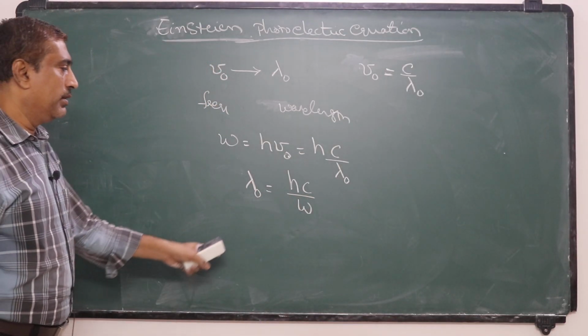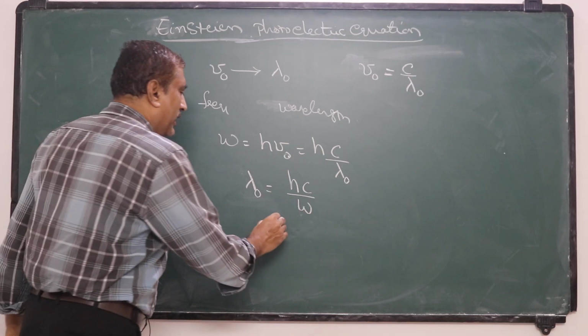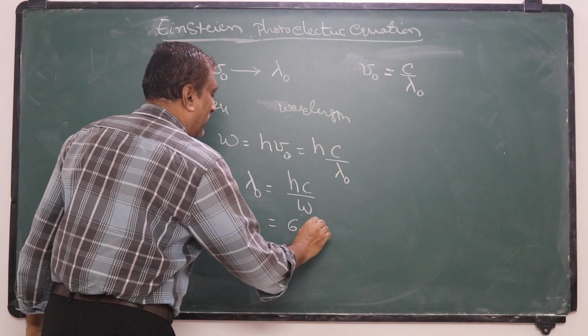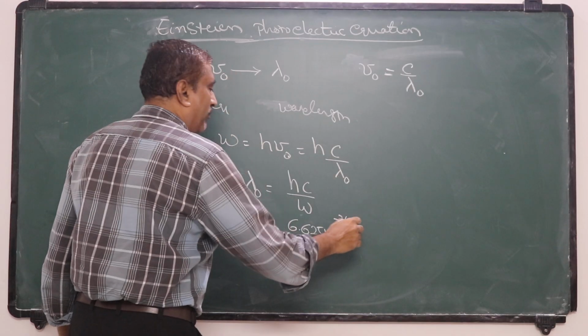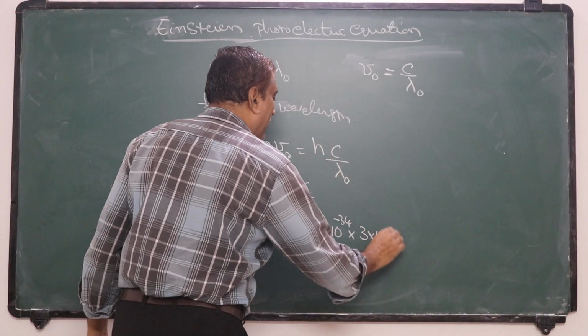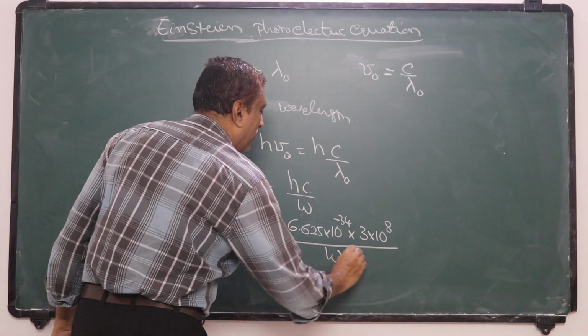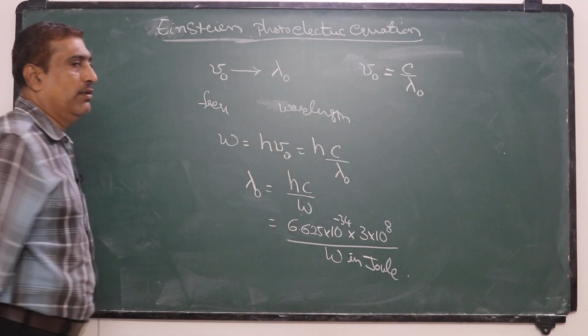Now substituting, h is equal to 6.625 × 10^−34 and c is 3 × 10^8, divided by the work function in joule, if we take W in joule.